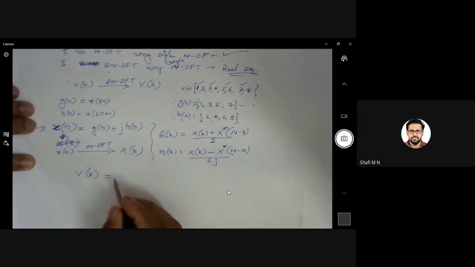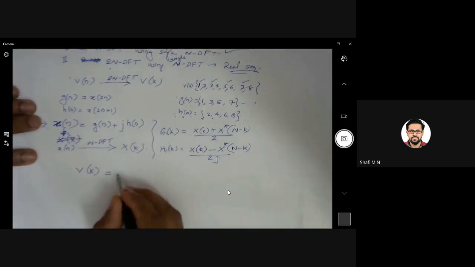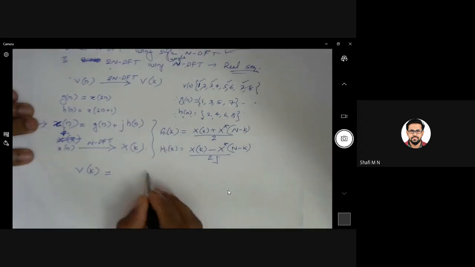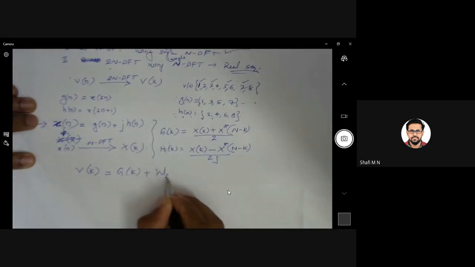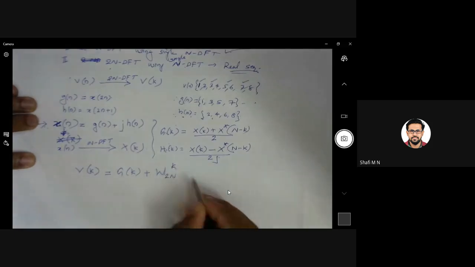So this is using two equations that I will give you, which are easy to do in the exam. I will also give a combined form, but this will be pretty easy to do. See, V of k equals G of k plus W2N to the power k, and do remember it's W2N, into H of k.